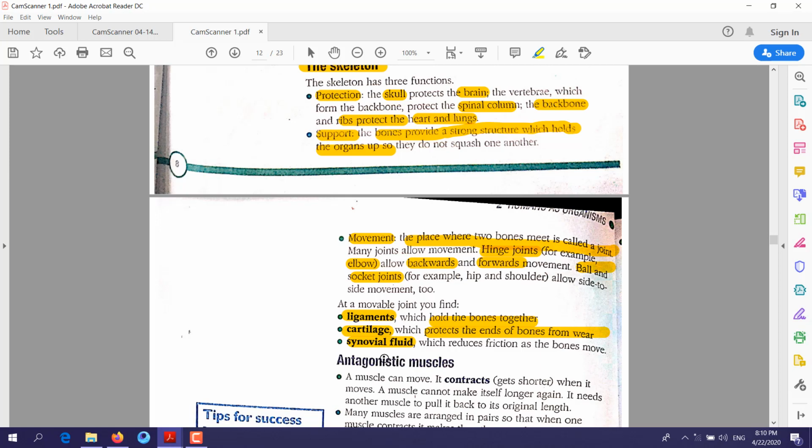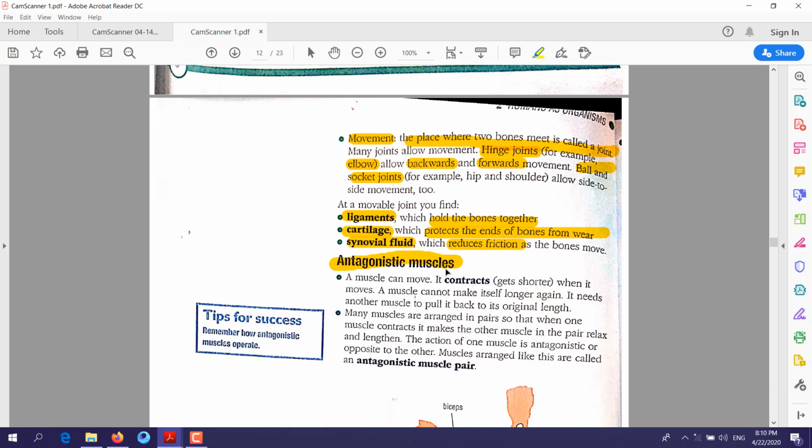From the name, fluid, it's something liquid. The function of this liquid is to reduce friction as the bones move. So ligaments hold bones together. Cartilage and synovial fluid both reduce friction and prevent bones from wearing.